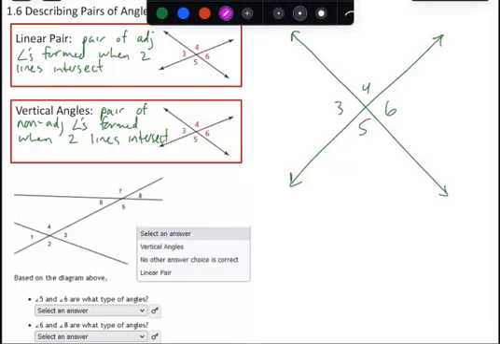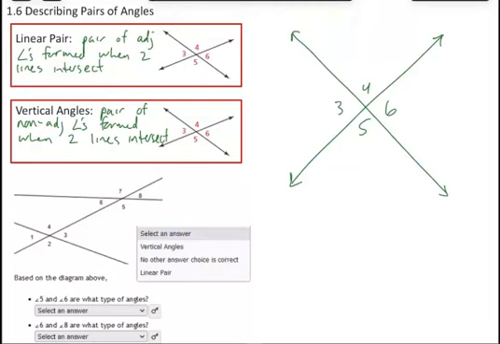So here when we're looking at the linear pair, angle 3 and angle 4 are a pair of adjacent angles. That's a linear pair. Angle 4 and angle 6, also a linear pair. Angle 6 and angle 5, also a linear pair. Angle 5 and angle 3. All of those are the adjacent pair of angles. Those are your linear pair.